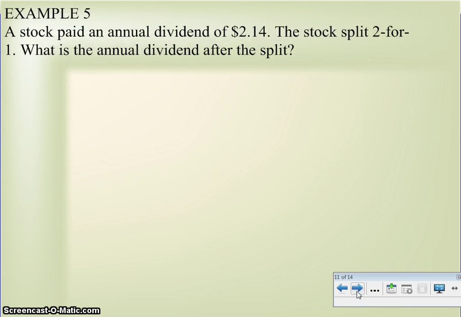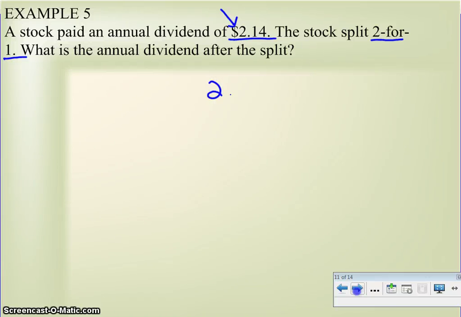All right, we're moving through pretty quickly here. Example 5. A stock paid an annual dividend of $2.14. The stock split for 2 for 1. What is the annual dividend after the split? Well, 2 for 1 means that there's now double the stock, but half the price value.